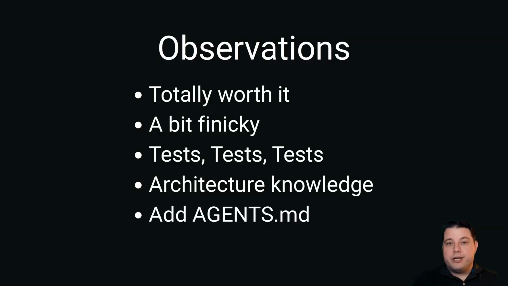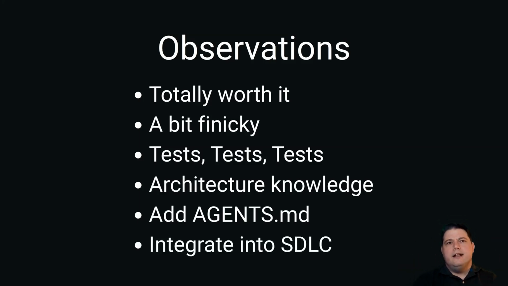Something I definitely should have done, and I did right after that session actually, is add an agents.md to the repo so that it would have a little map, lay of the land. That could have helped it operate more efficiently and probably avoided some of the stumbles that it had. And I definitely observed that it's not very well integrated into what we could call the SDLC, right? The software development lifecycle.